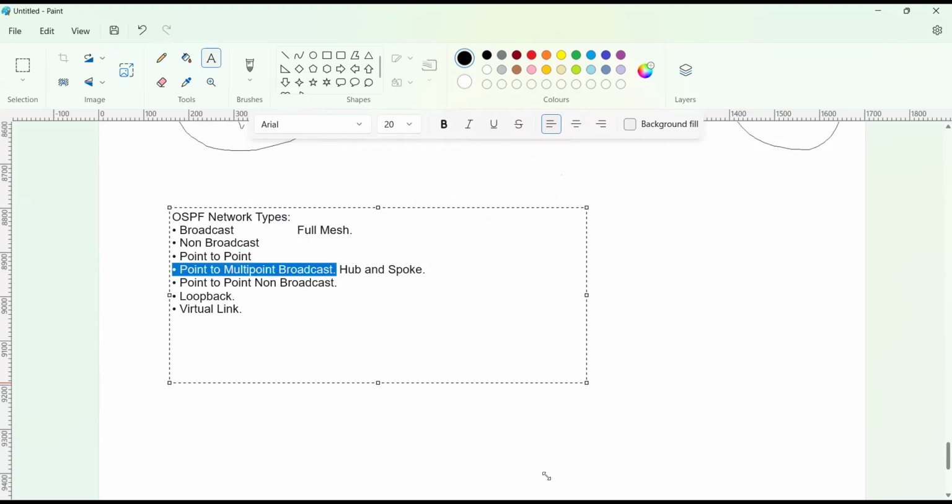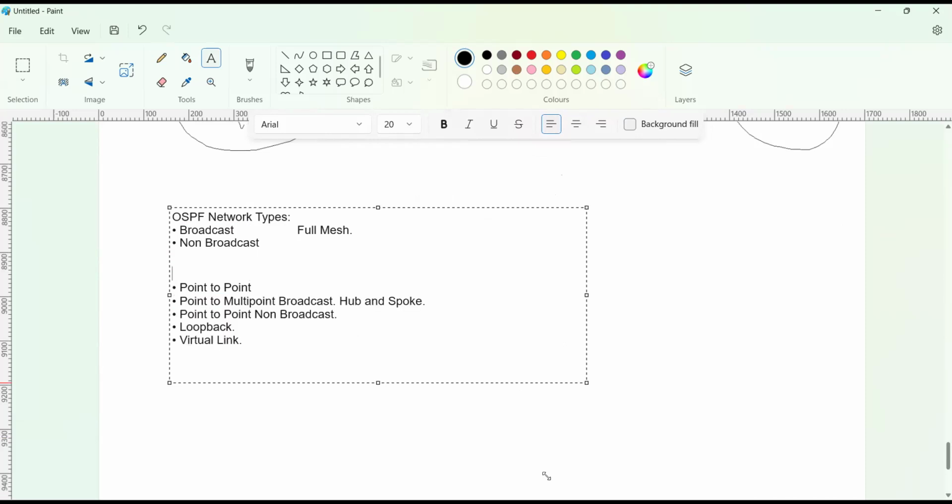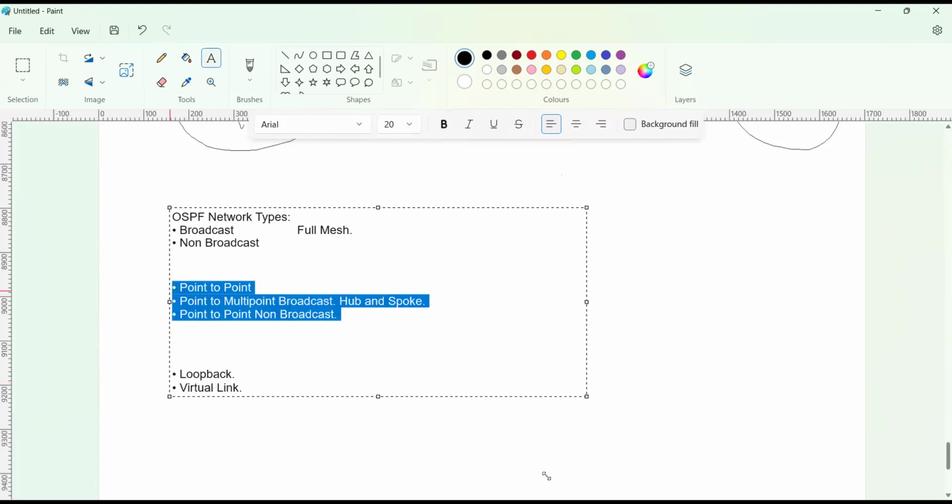In these three types, we are not using DR-BDR.